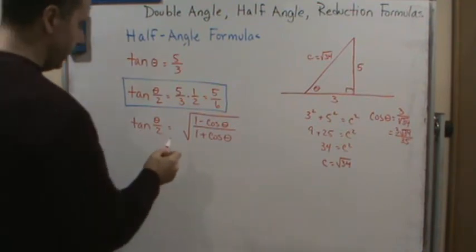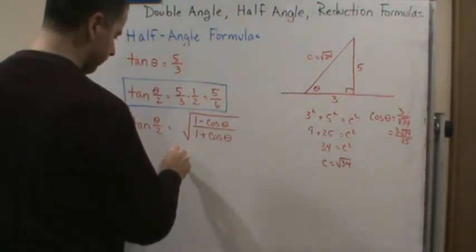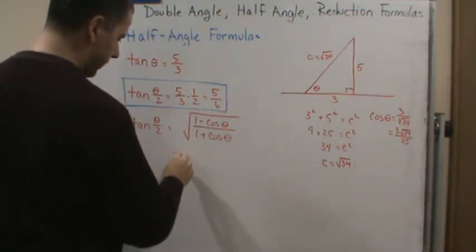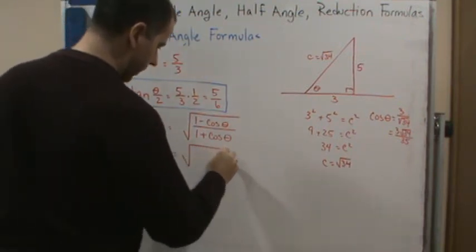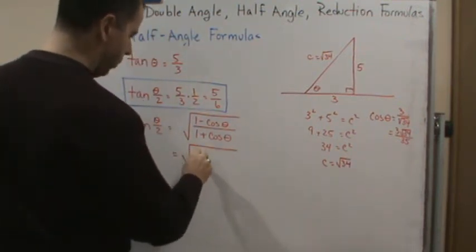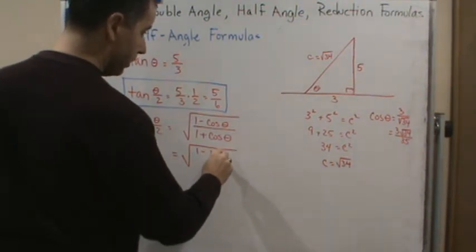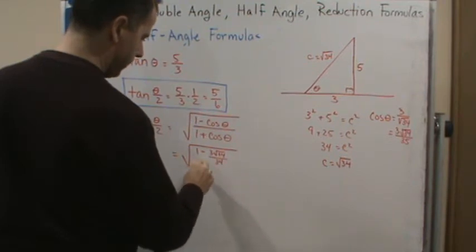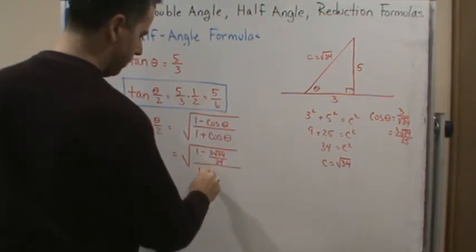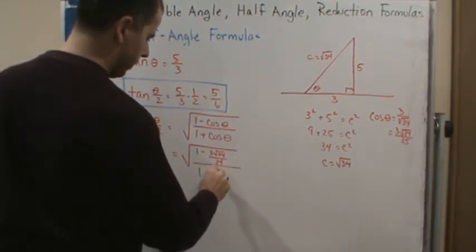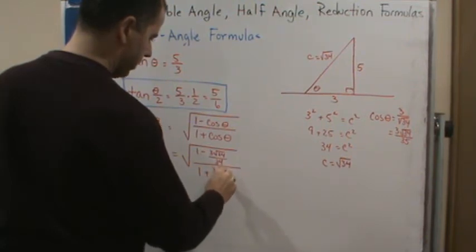And so now, let's plug it in. So this is going to be the square root of 1 minus 3 root 34 over 34 divided by 1 plus 3 root 34 over 34.